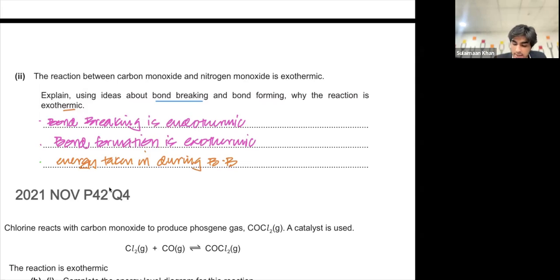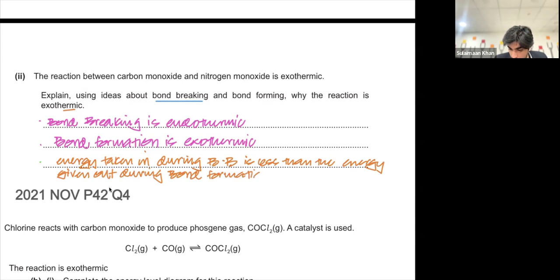You have to be very focused here. Energy taken in during bond breaking is less than the energy given out during bond formation. Done.